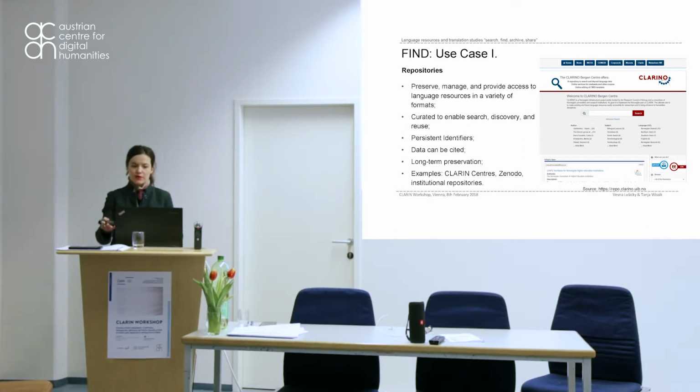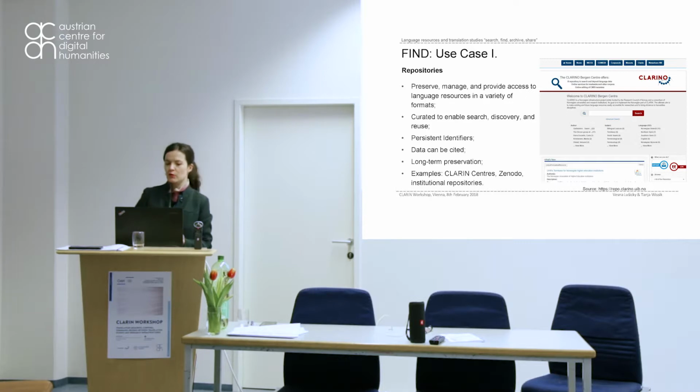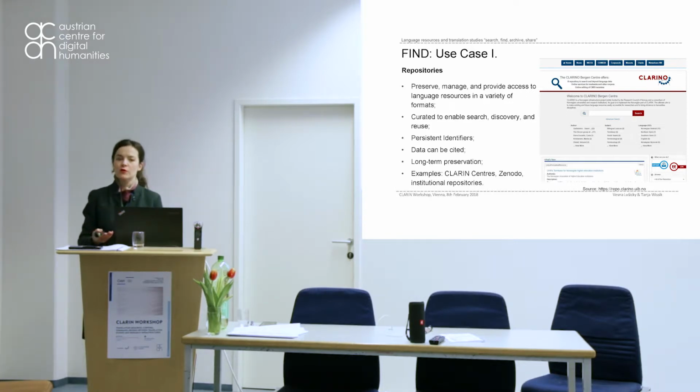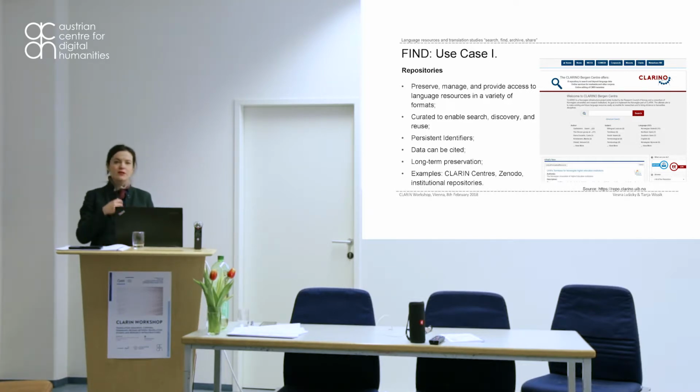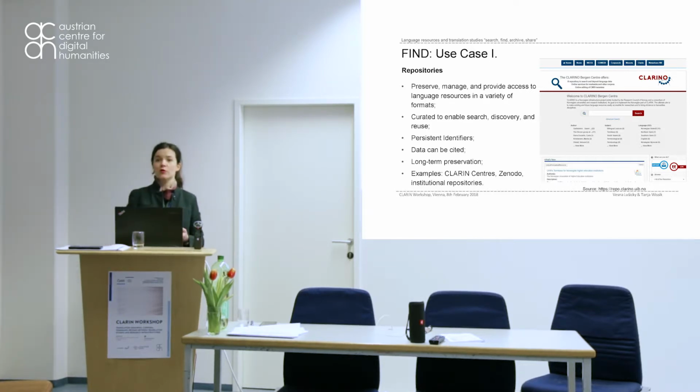Some examples of such repositories are the CLARIN centers, but maybe some of you also know Zenodo as another possibility. Or maybe some of your institutions have institutional repositories. For example, my institution, the University of Vienna, has an institutional repository. A problem of such a repository is that everybody at my institution deposits data there. So it's from all kinds of domains, in all kinds of languages.